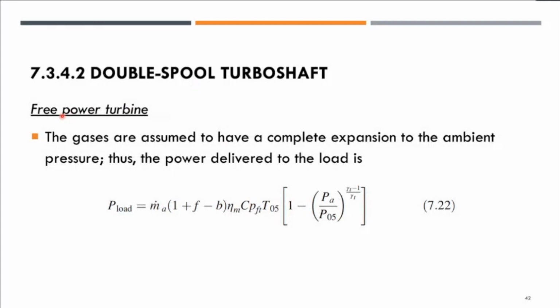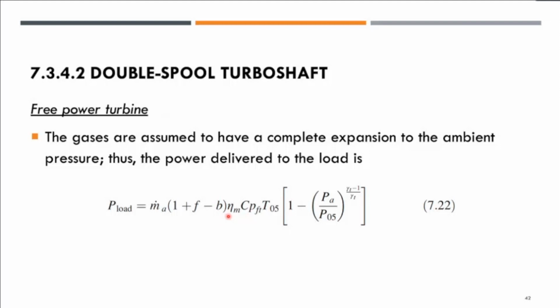Now the section of the free power turbine. Okay, the gases are assumed to have a complete expansion to ambient pressure. So thus the power delivered to the load is equal to this expression, or equation 7.22, right?